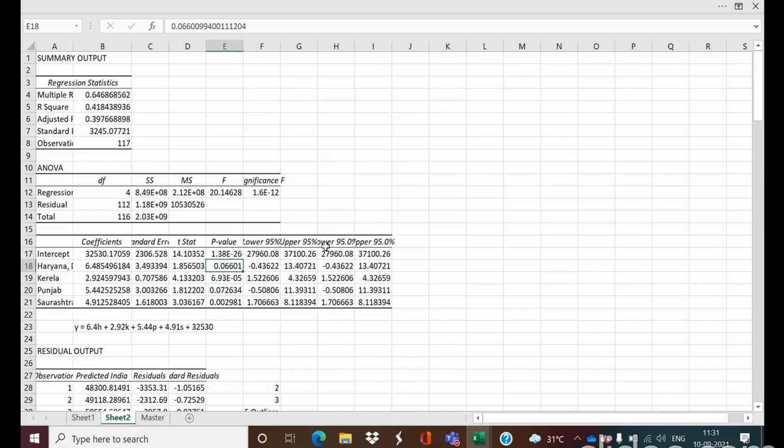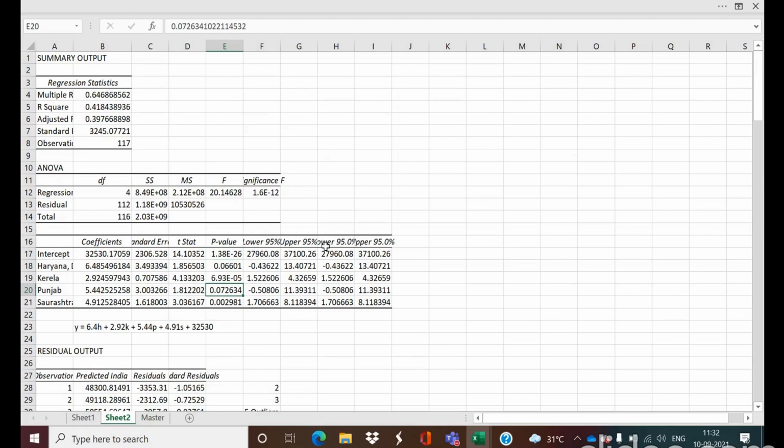Look at the p-value here. It is the p-value of Haryana, Kerala, Punjab, Saurashtra. Each is less than 0.05, except Punjab, which is 0.07. So Punjab is not giving a good effect to the model in this case.